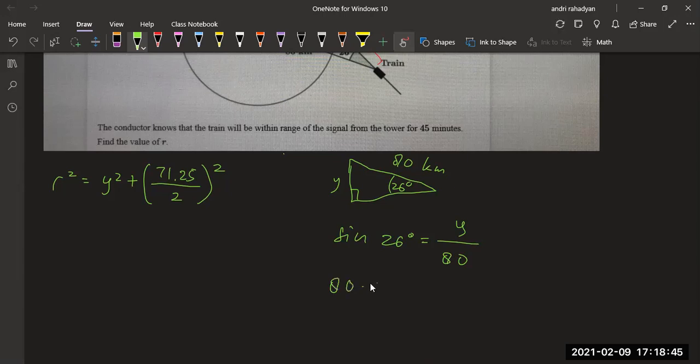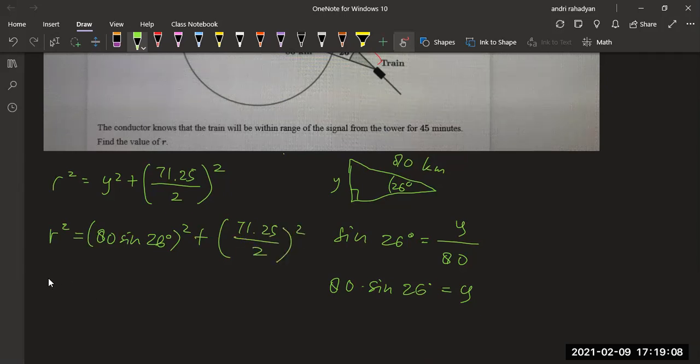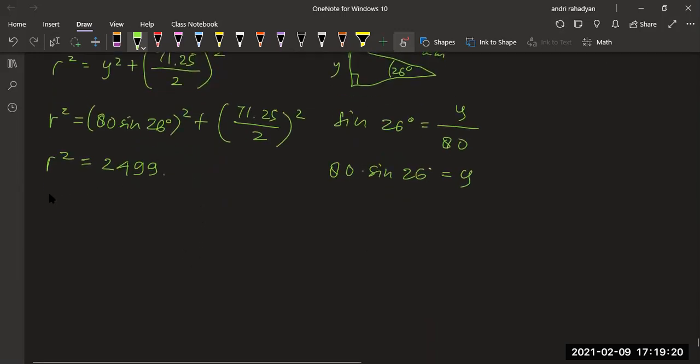So 80 times sine 26 equals Y. Okay, so R squared equals 80 sine 26 degrees squared plus 71.25 over 2 squared. We got R squared is 2499, so R is 49.99.